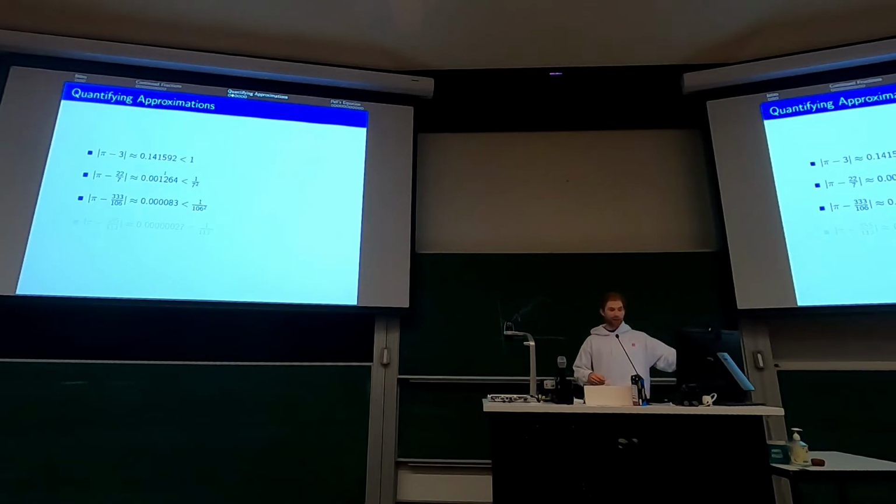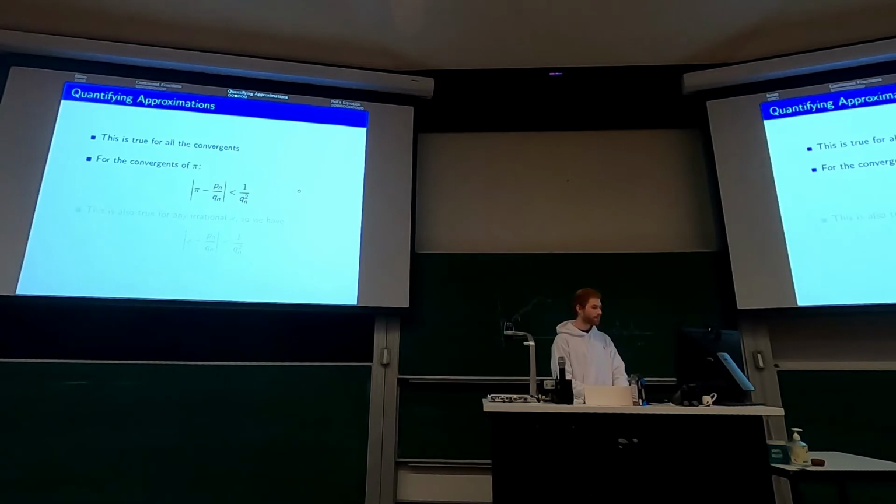Similarly, for the next one, the distance between pi and 333 over 106 is less than 1 over 106 squared, which once again is a lot less than 1 over 2 times 106. And same for the next one. We get this pattern that the distance between pi and its convergent p over q is less than 1 over q squared, which again is a lot better than what I said we could guarantee.